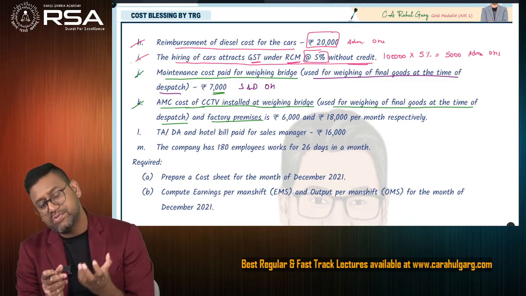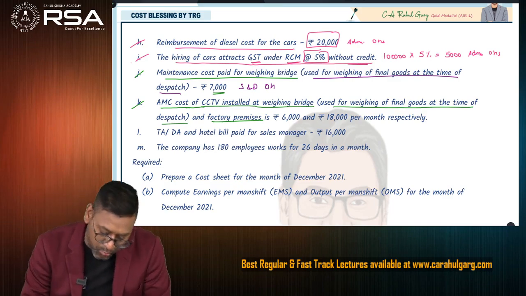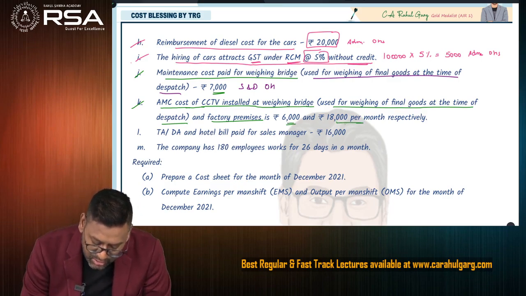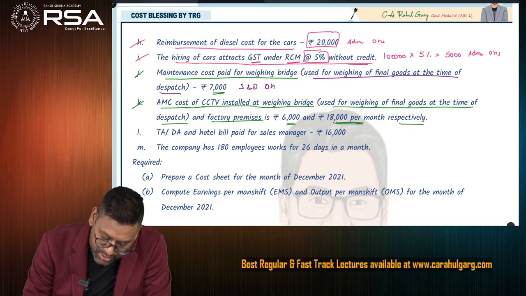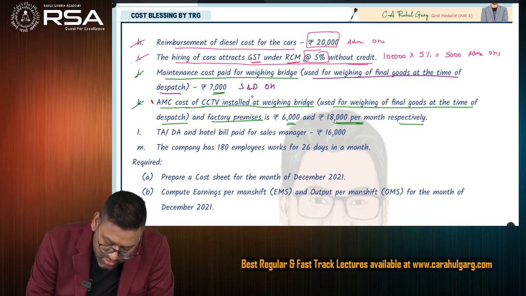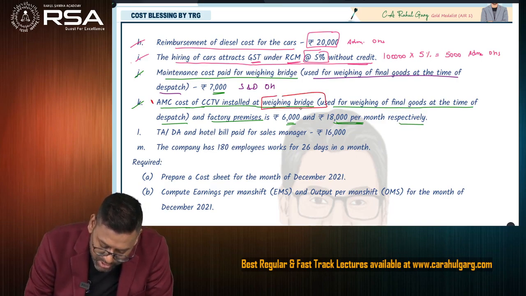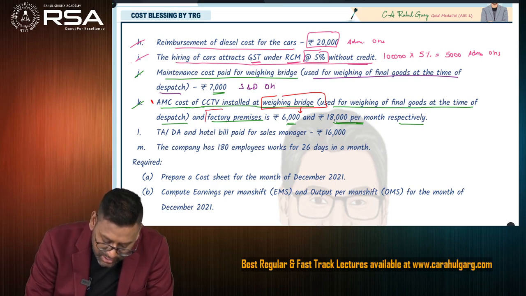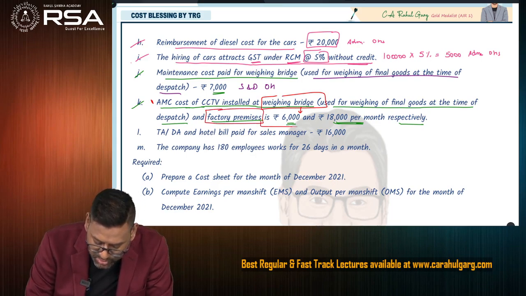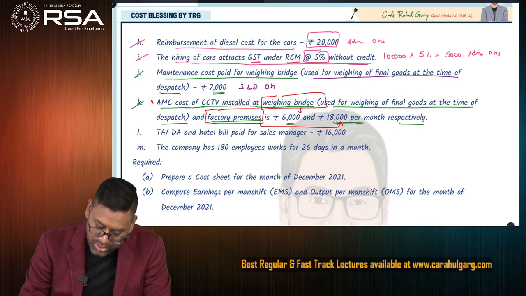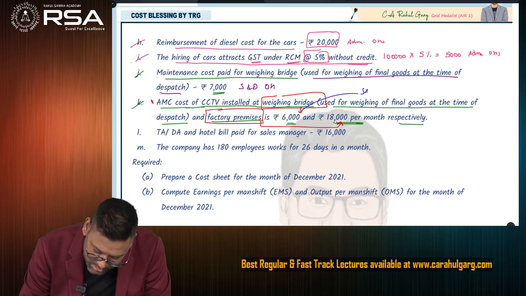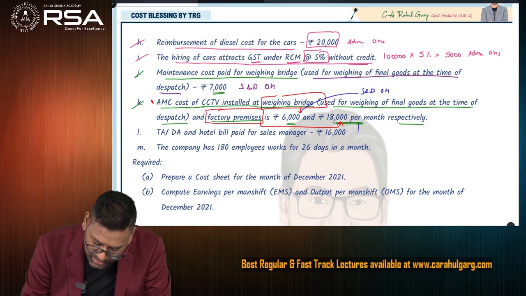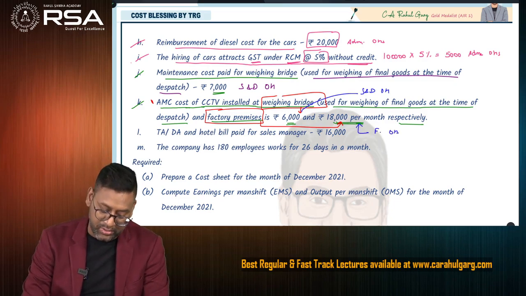We have taken an AMC, and to that agency we are paying rupee 6,000 and 18,000 per month respectively. Now understand, AMC cost of CCTV installed at weighing bridge is rupee 6,000 and the AMC cost of CCTV which is being used in factory premises is 18,000. So this will be your selling and distribution overhead, and as this is being used in the factory, so it will come under the factory overhead.